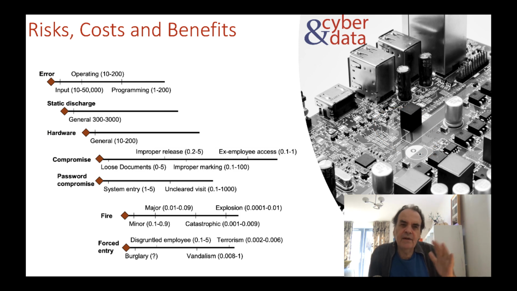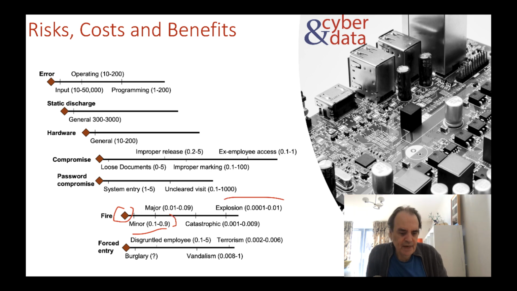Okay, so there are lots of different probabilities of things happening, and we need to understand the severity of each of these risks. But for something like a fire, we might go from a minor fire to an explosion.